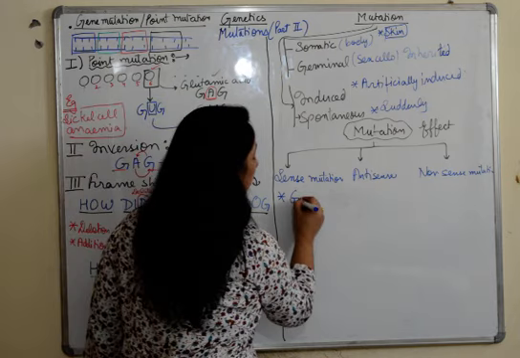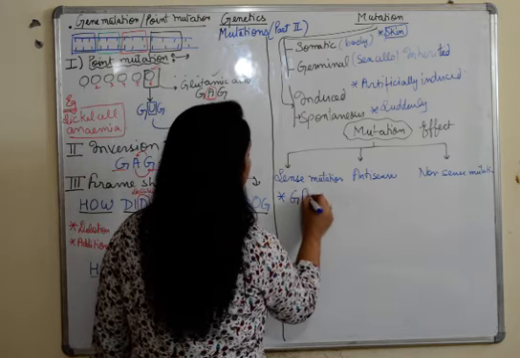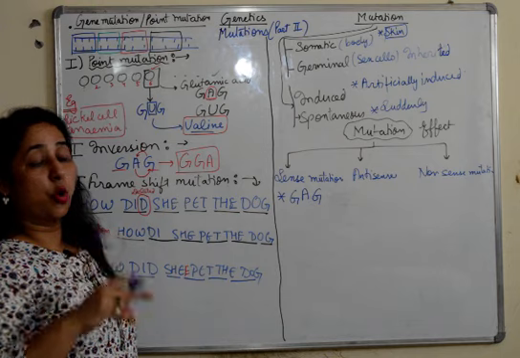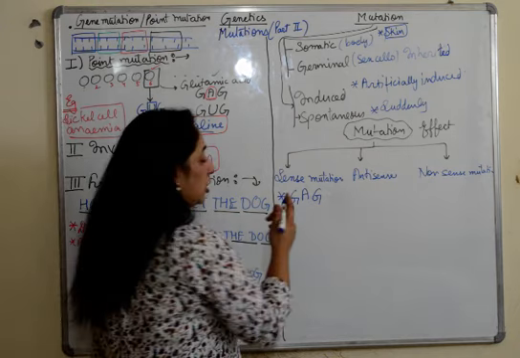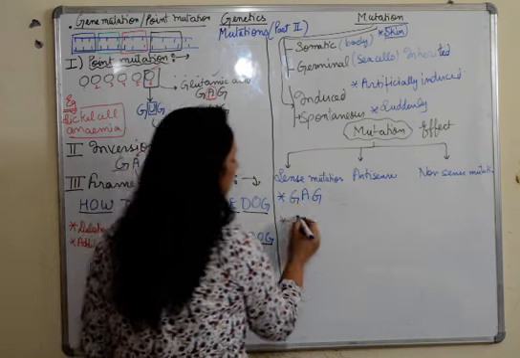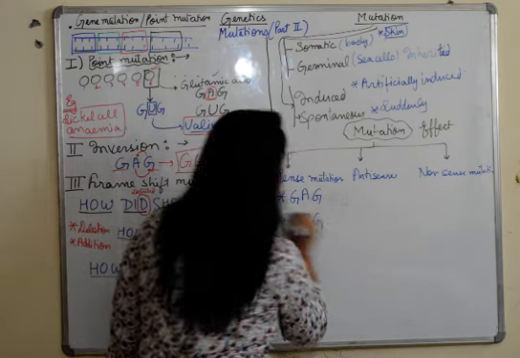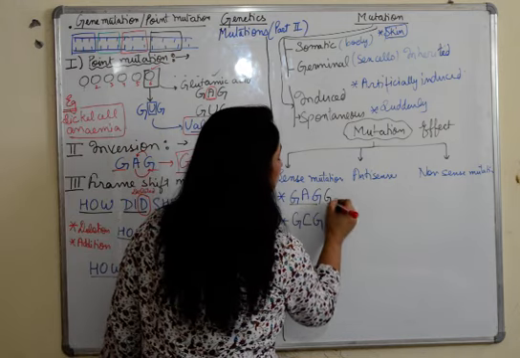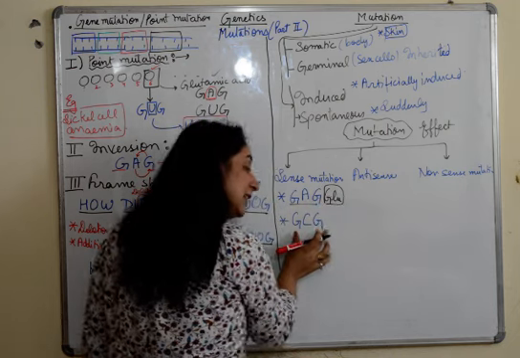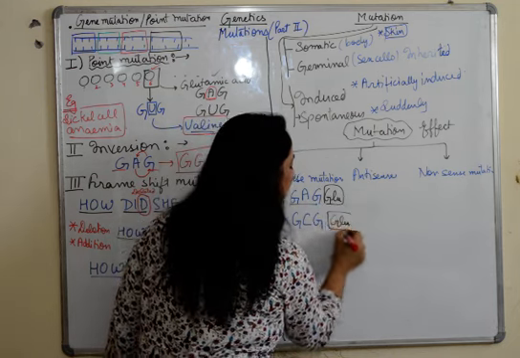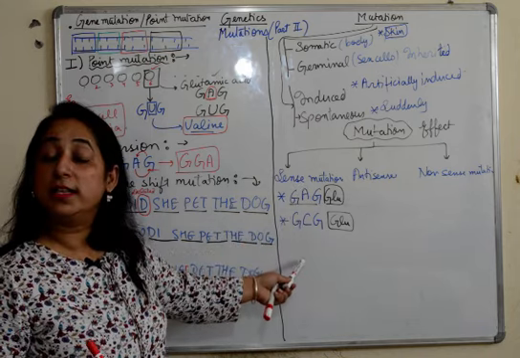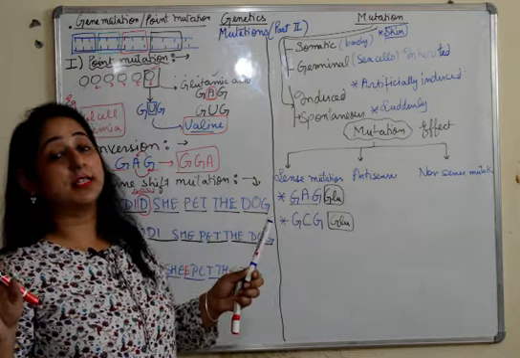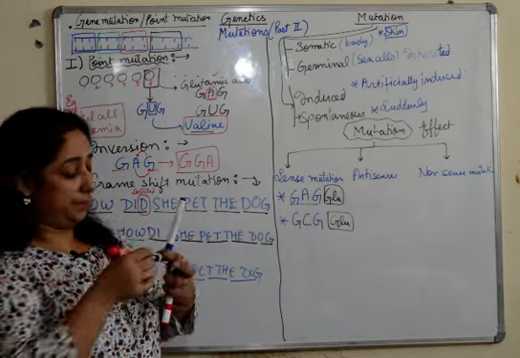We have a code for glutamic acid, that is GAG. Now if there is a mutation which takes place at the second nucleotide, and it converts into GCG. So here GAG codes for glutamic acid, and GCG also codes for glutamic acid. So there will be no change in the resulting product. There is a change in the nucleotide base, but there is no change in the product. It makes some sense. So sense mutation.